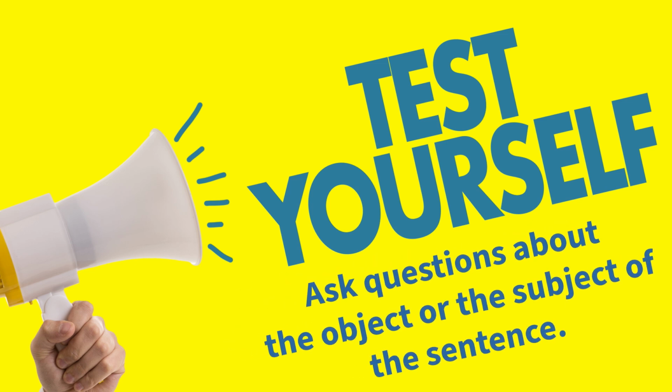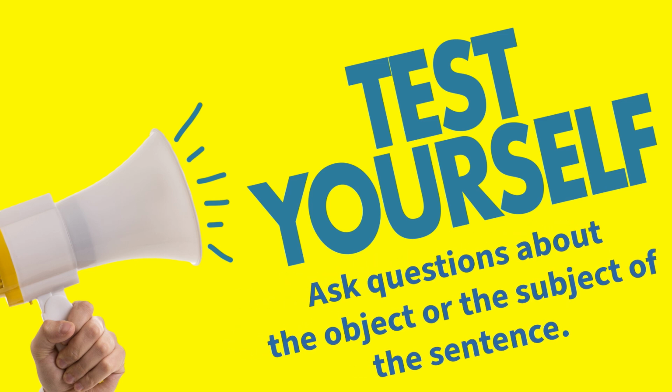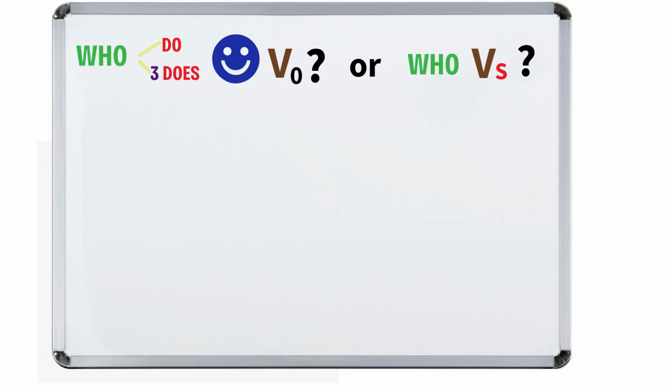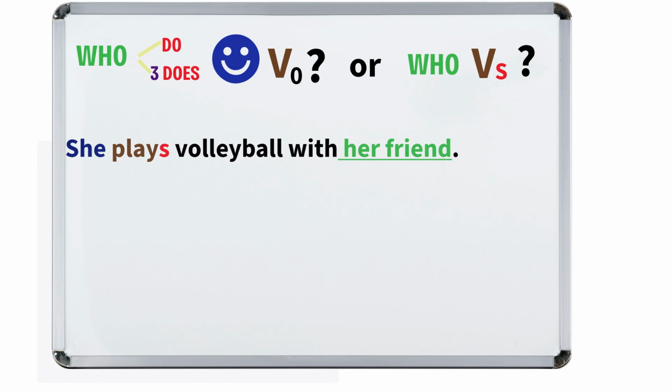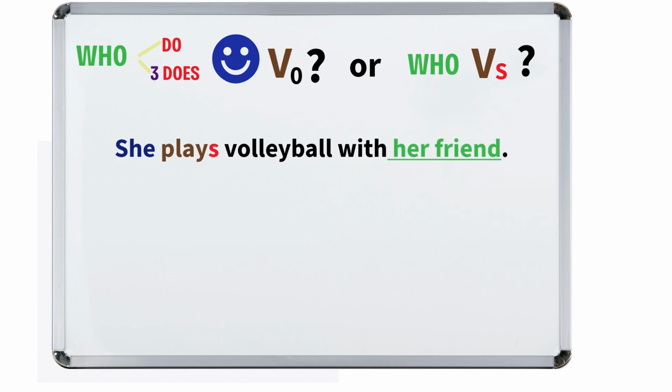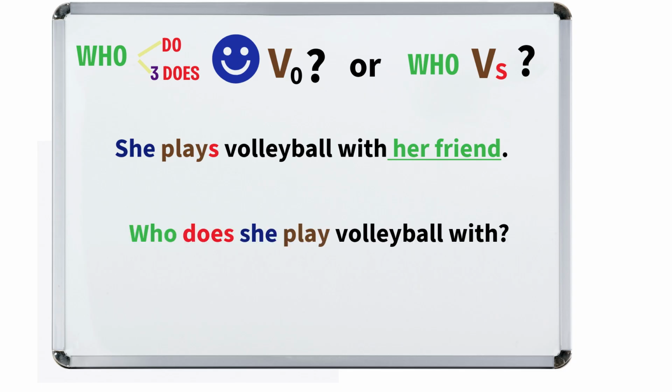And now ask questions about the object or the subject of the sentence. She plays volleyball. Who plays volleyball? She plays volleyball with her friend. Who does she play volleyball with?